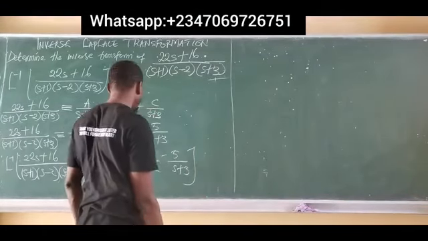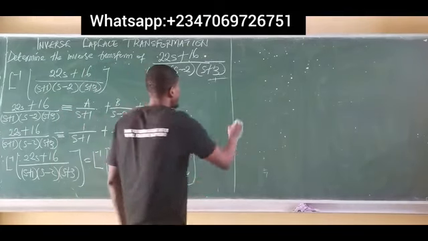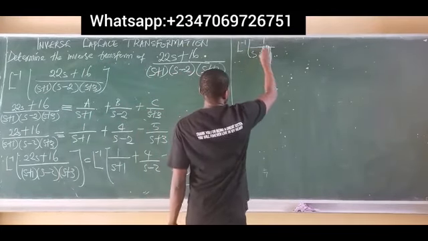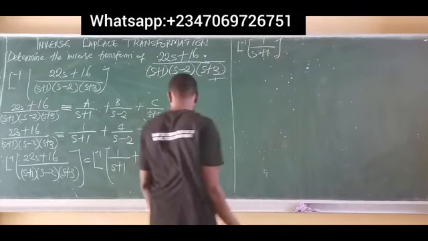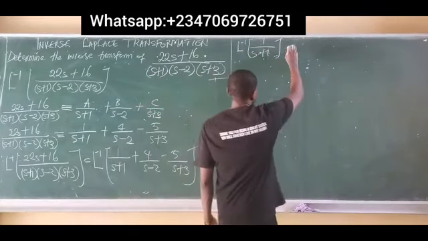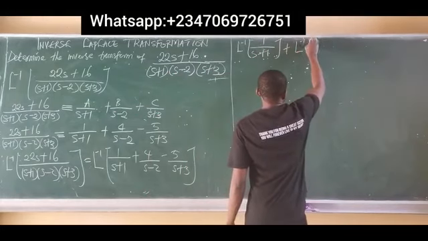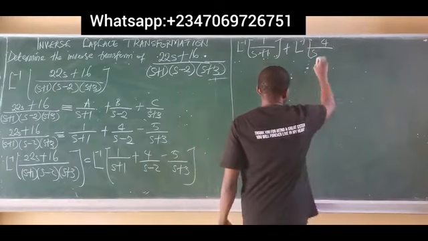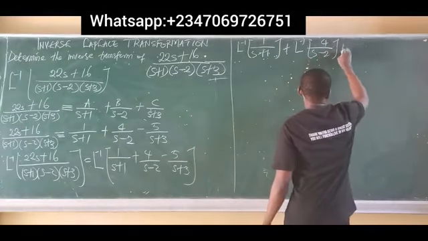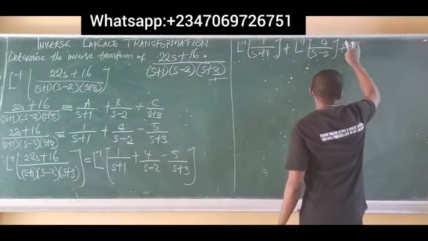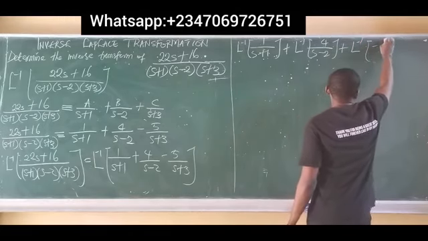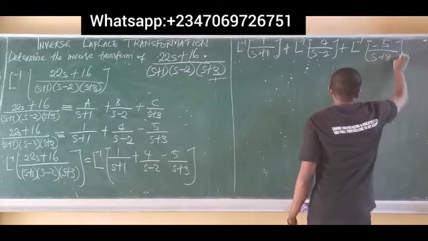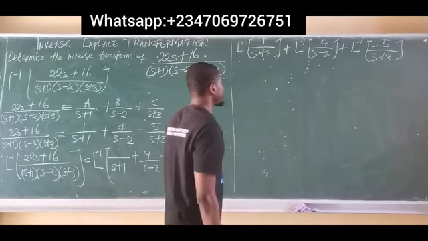Alright, so if you expand that bracket now, you're going to have the Laplace inverse of 1 over s + 1, plus the Laplace inverse of 4 over s - 2, plus the Laplace inverse of -5 all over s + 3.